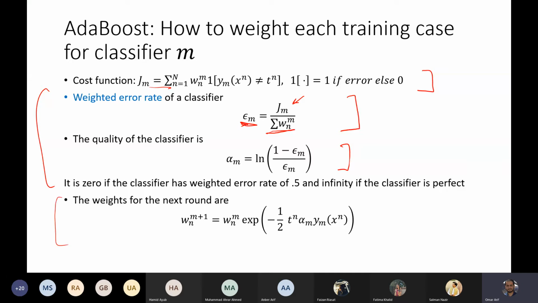For the next round, you're going to reweight your examples using this equation. I'm not going to go into detail, but what this equation tells you is that if you're wrongly classifying an example, its weight would be bumped up. Otherwise, the weights would be reduced for the examples you are classifying right. Okay.